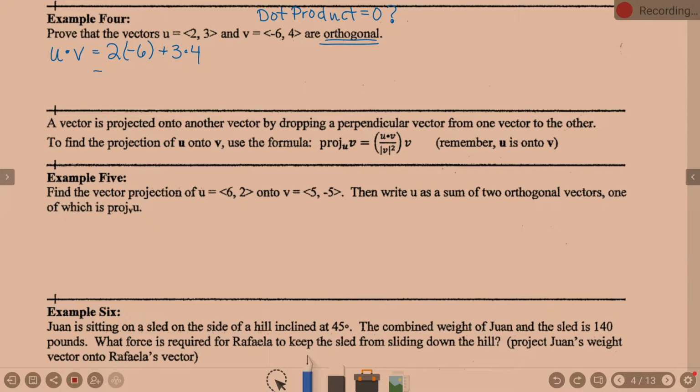Negative 12 plus 12, which is, surprise, surprise, 0. I know, shocker, isn't it? Okay, so did we prove that they are orthogonal? Yes.